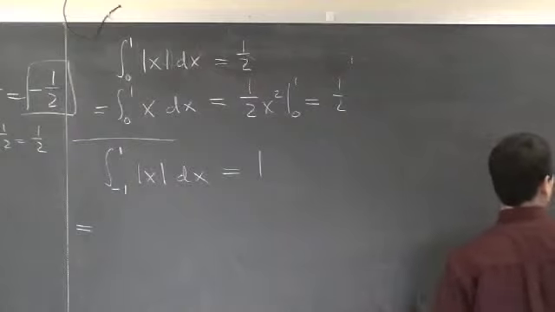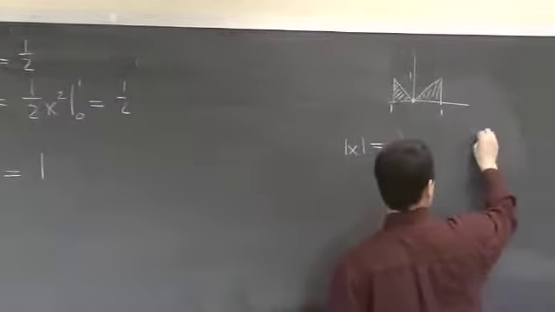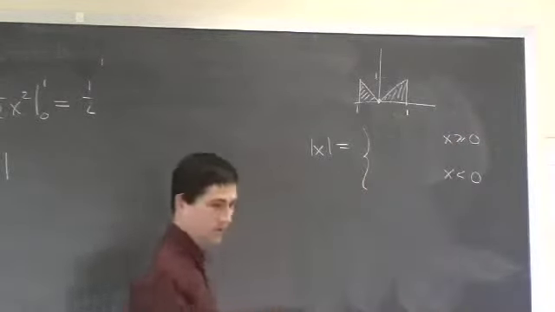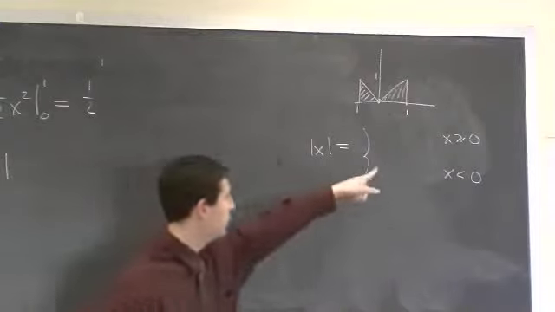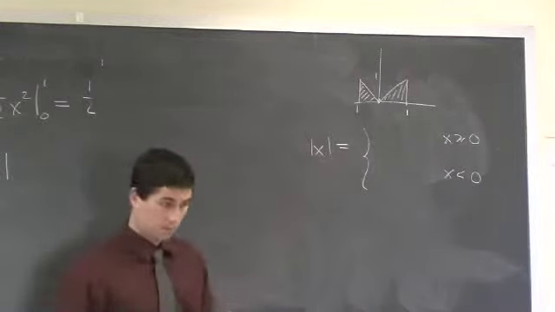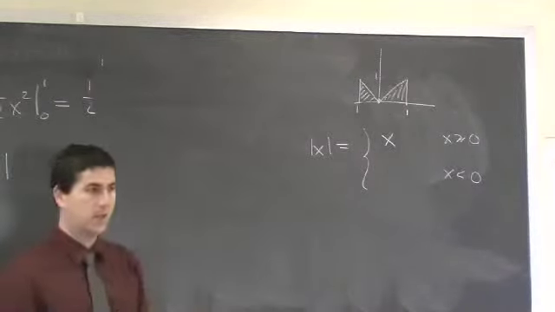Absolute value of x is a piecewise defined function. When x is greater than or equal to 0, or when x is less than 0, we get two different definitions. When x is greater than or equal to 0, what happens to absolute value of x? It's just x. What about when it's less than 0? Minus x.